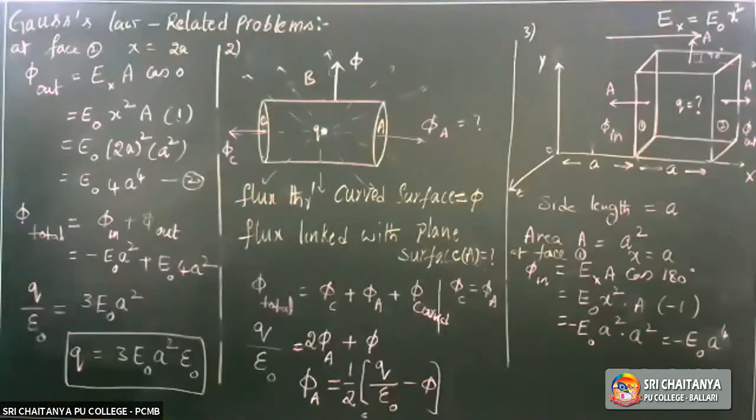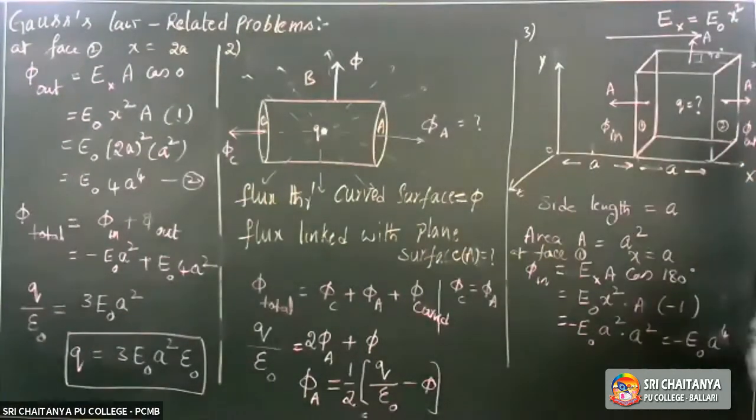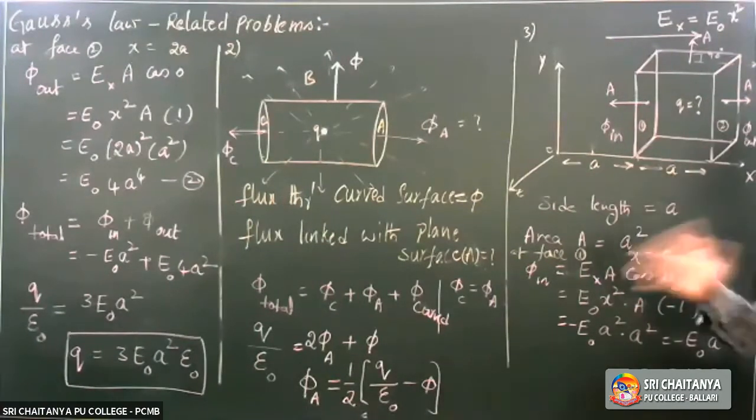Somebody is asking, you just take it and calculate. This function may be of different types. Not only E naught x square, they give some constant alpha into x, or some constant E naught into x cube. Like that, different functions they give. Accordingly, we have to solve.